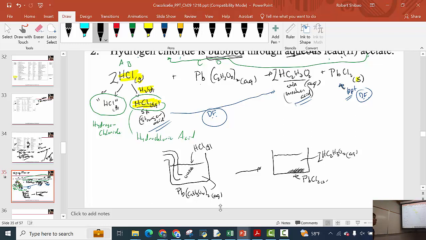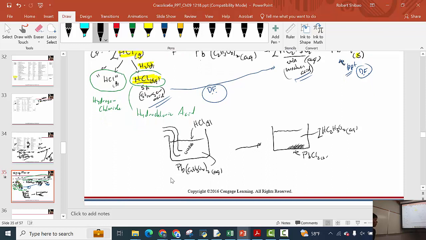Now what we're going to do is, this is what we call the CE. What we're going to do is something called the IE, or the ionic equation. In the ionic equation, we ionize the strong electrolytes.